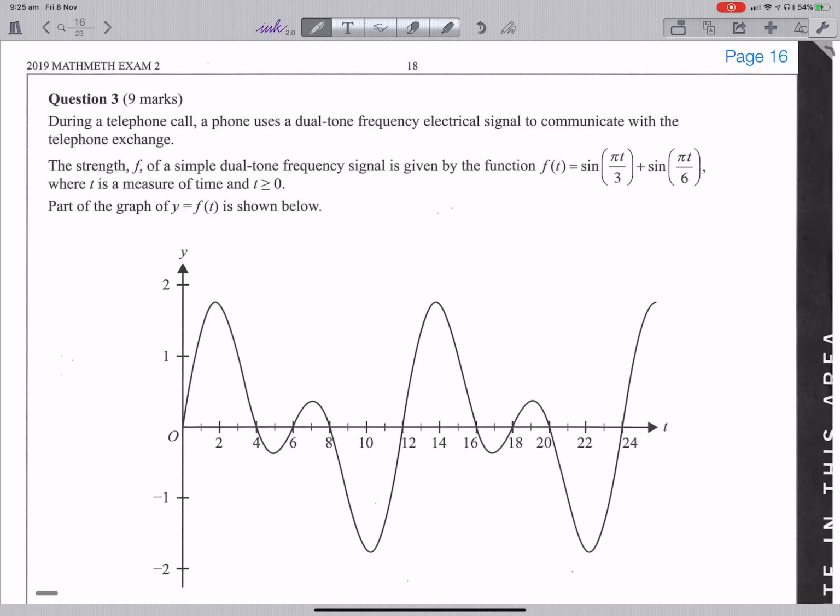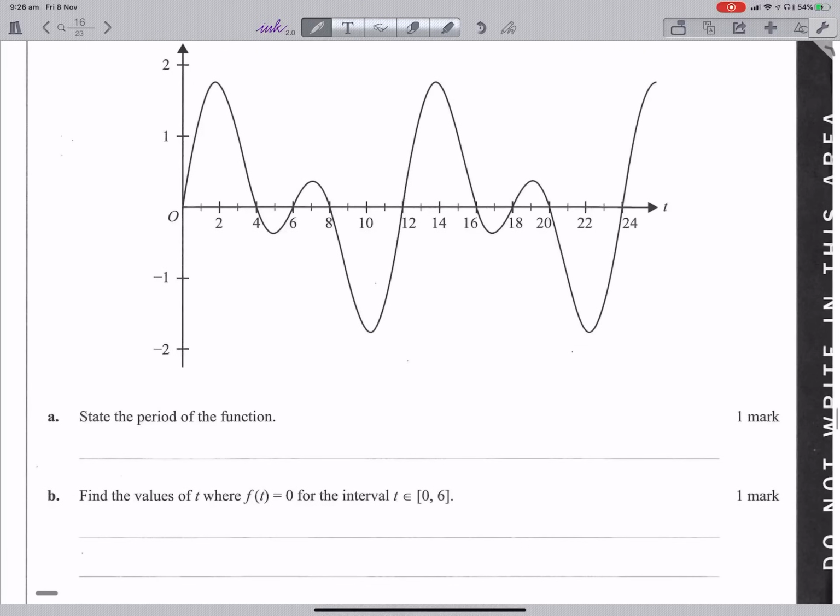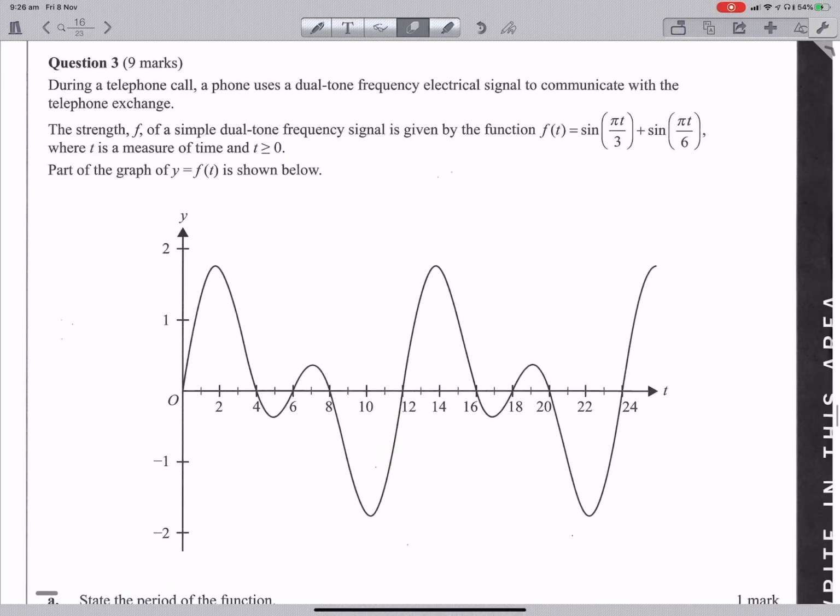Okay, during a telephone call, a phone uses a dual frequency signal to communicate. The strength of the signal is given by that, where t is a measure of time, t is greater than 0. Part of the graph is below. State the period of the function. Well, it's 12. You can see it takes 12, is it? Seconds.